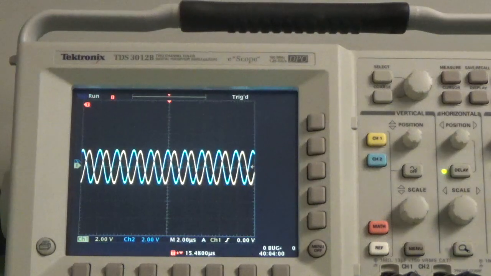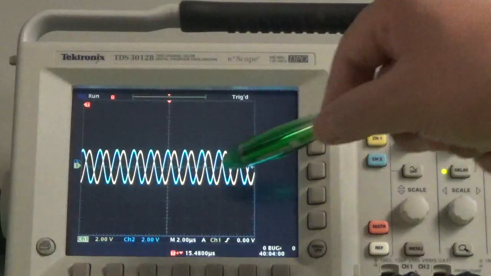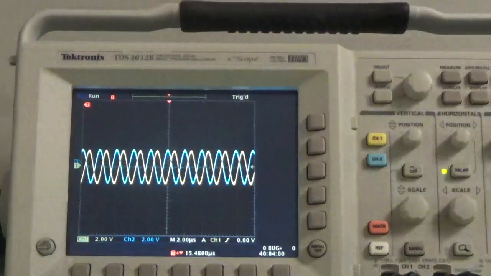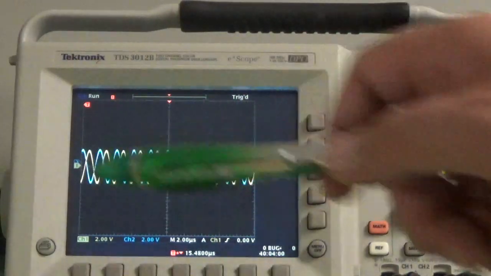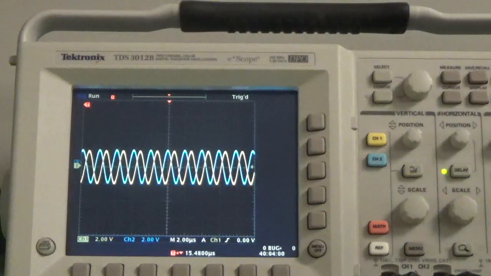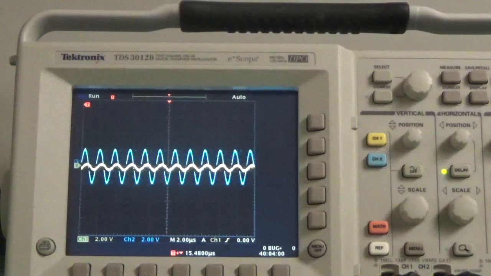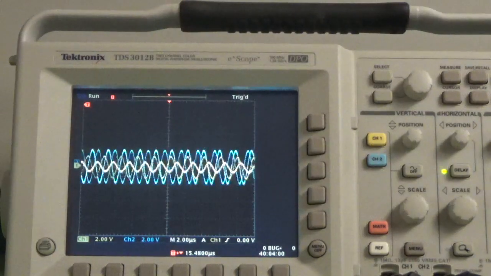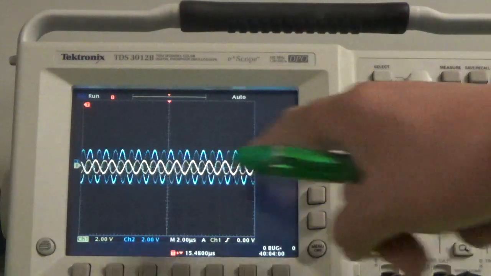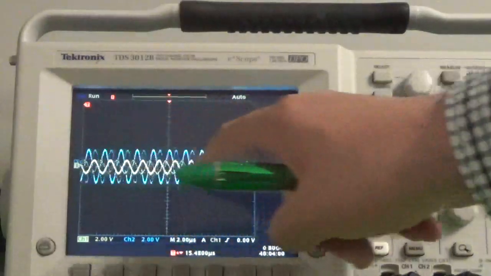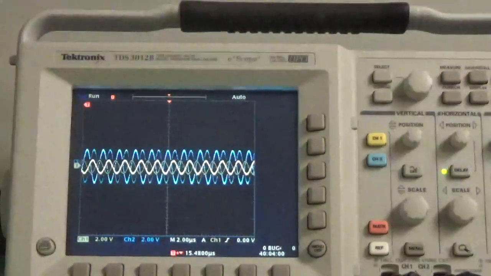With 500 kilohertz, we have again 2 squares times 2, so that will give me 4 volt. And then when we continue to increase the frequency, you can see that the output signal became very, very small.